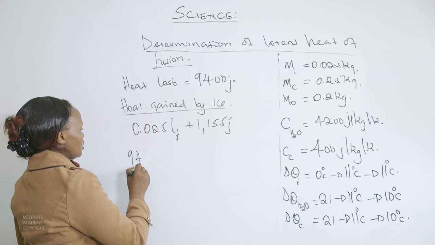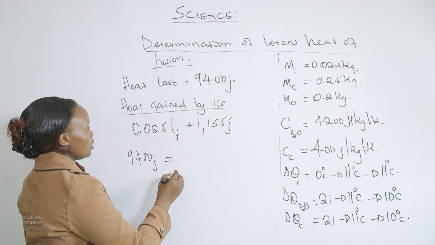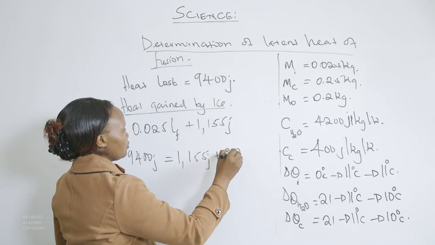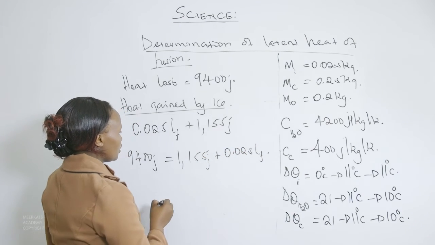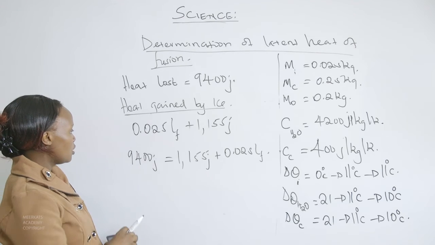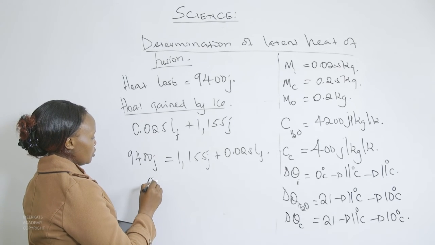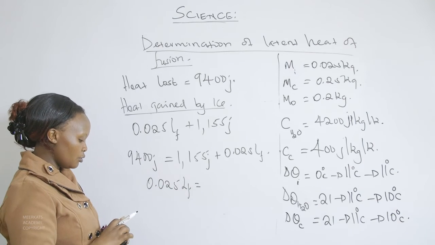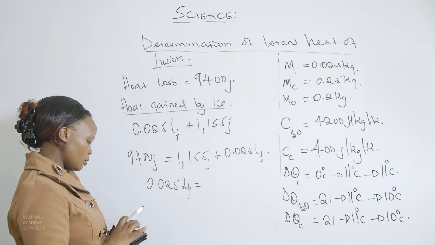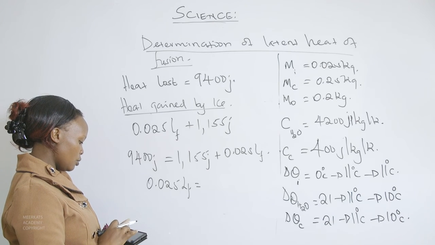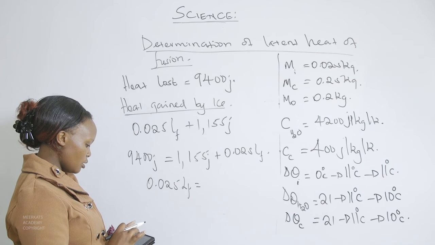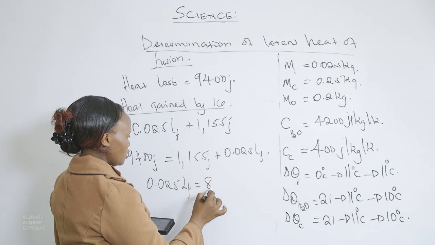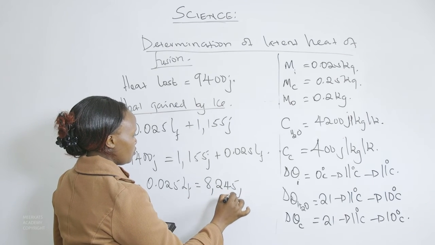But heat gained is always equal to the heat lost. So we equate 9400 joules to our heat gained. And we can collect the like terms so that now 0.025 multiplied by latent heat of fusion is equivalent to 9400 subtract 1155 joules, which gives us 8245 joules.